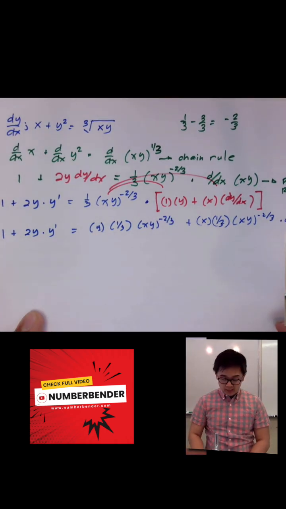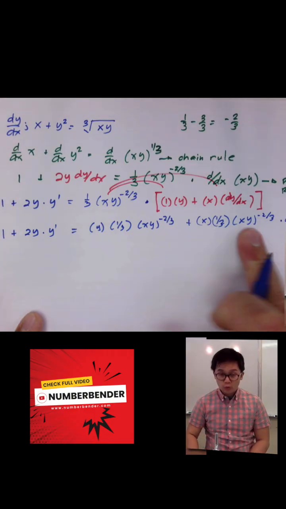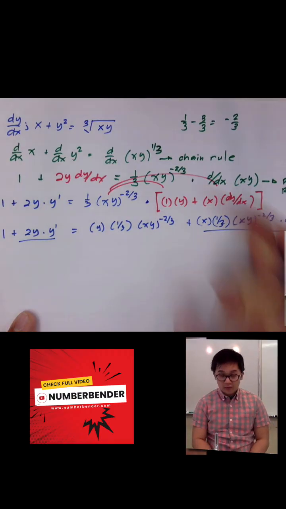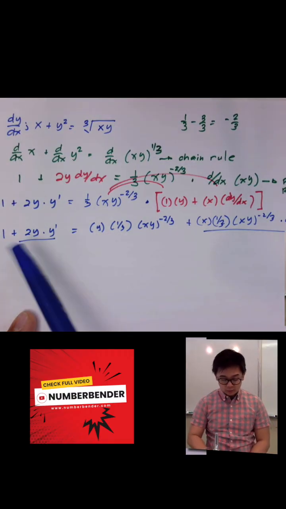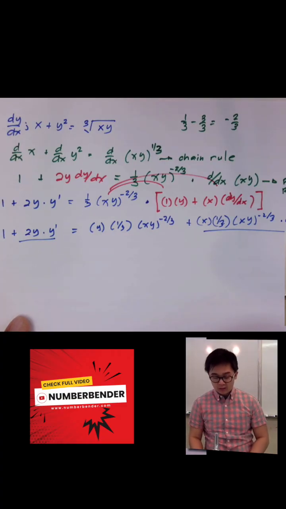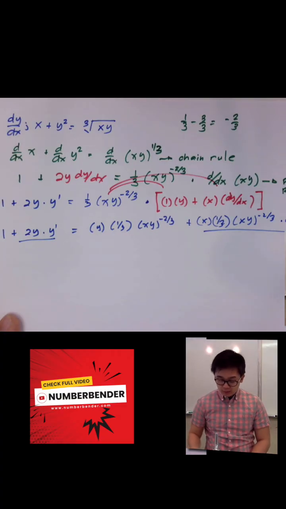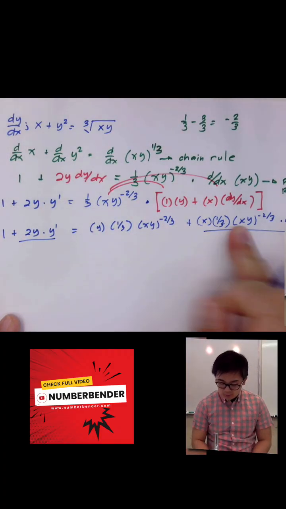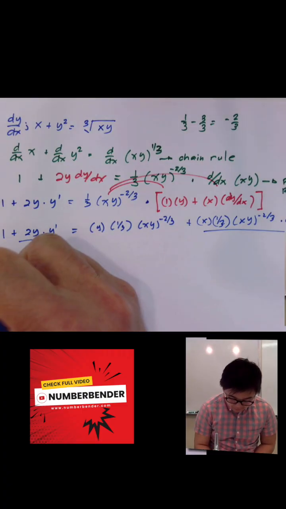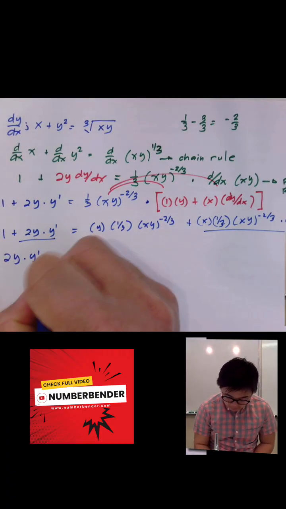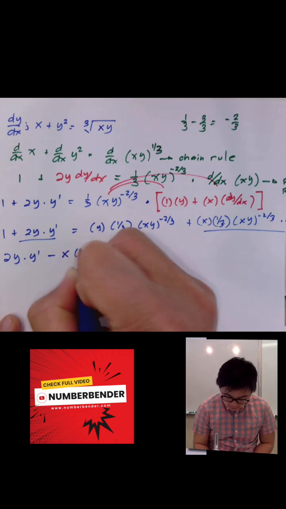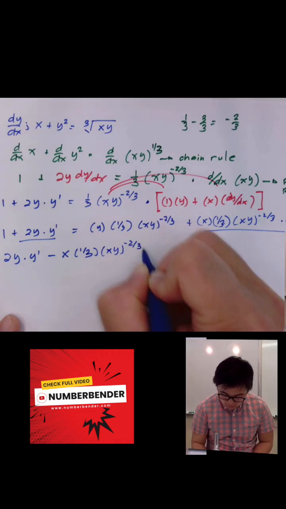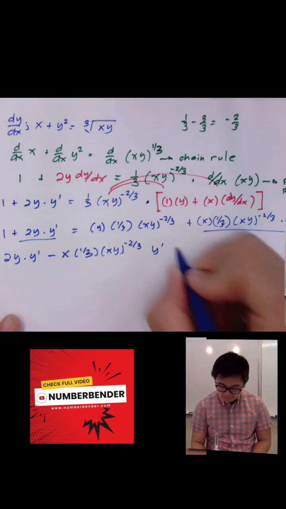Alright, so now that I have separated all my terms, I have 1, 2, 3, 4 terms. I know that I'm going to be grouping this and this on this side of the equation, and my plan is to get rid of one right here and put it on the other side of my equation. So my dy/dx will be here, so by subtracting this term on both sides, I'll have 2y y prime minus x times 1/3 (xy)^(-2/3) y prime.